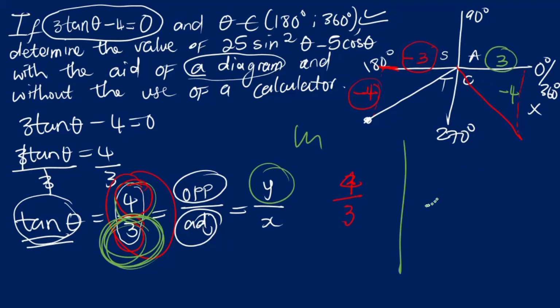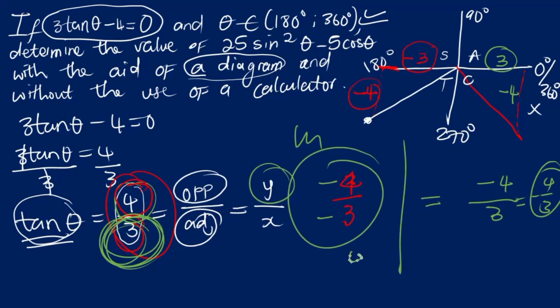So here I will have negative 4 over 3, which gives me a negative fraction, and that is not what we have in this case. Here we have a positive fraction, which only makes sense if I have negative 4 over negative 3, and that's why I ended up with a positive fraction for the tangent of theta, right?